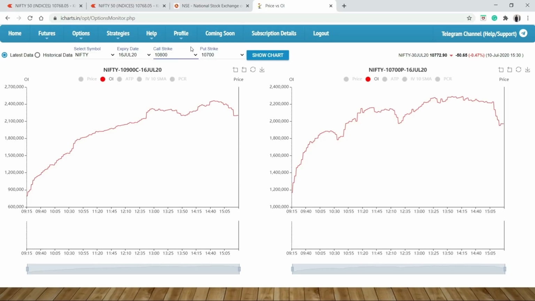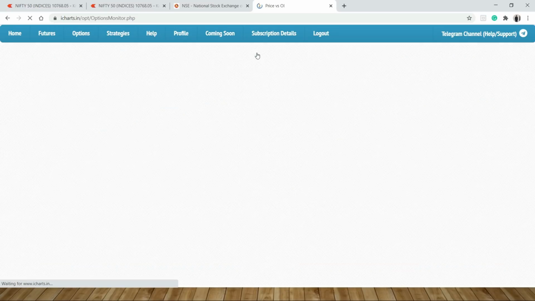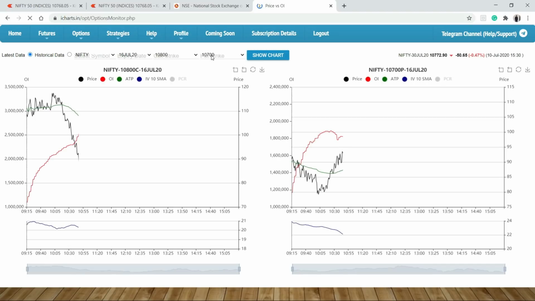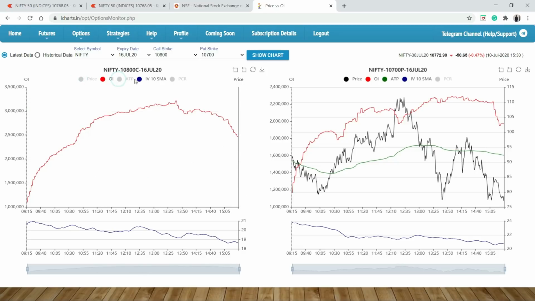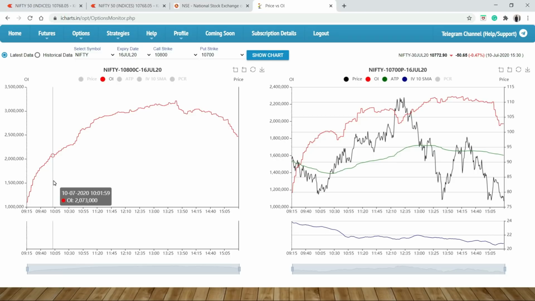This is the 10,800 call and 10,700 put. From this strike again we have to check the OI. So we know in the 10,700 put only 6 or 7 lakh writers are there, and the call side is 11 lakhs, and at 10 o'clock let's say it is 21 lakhs.